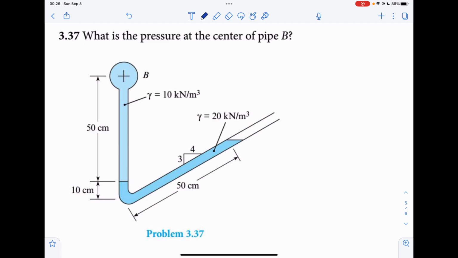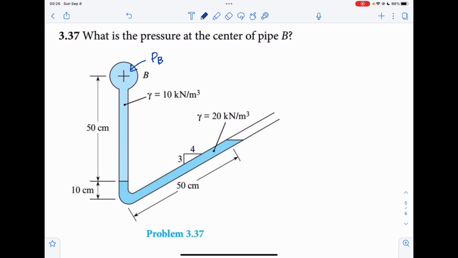Now let's look at 3.37. It's asking what is the pressure at the center of pipe B. So we're going to find the pressure here, PB.